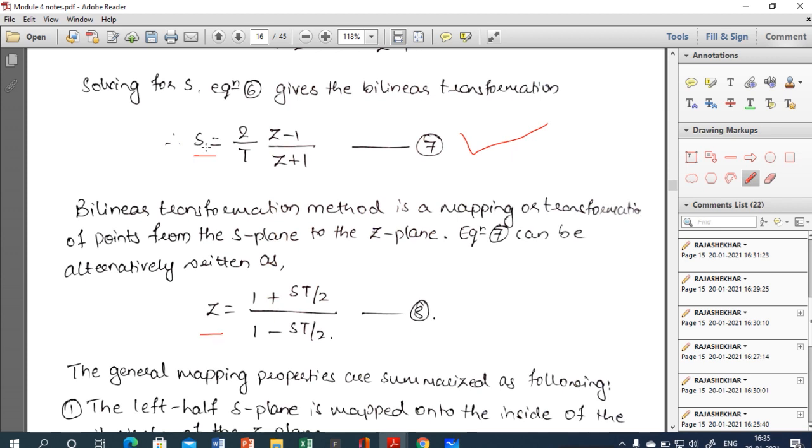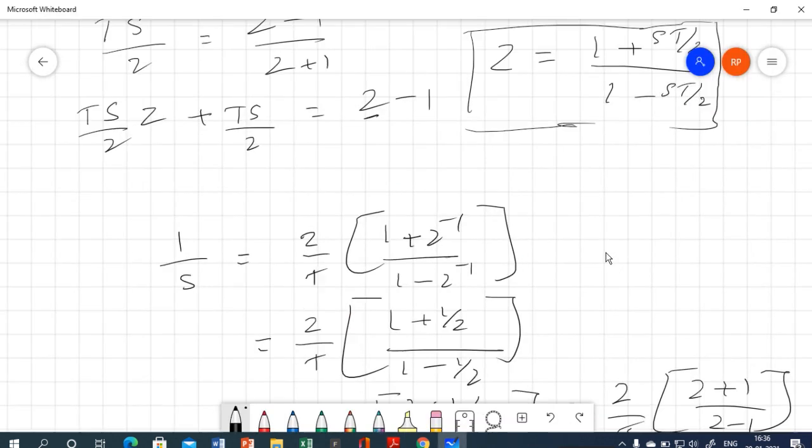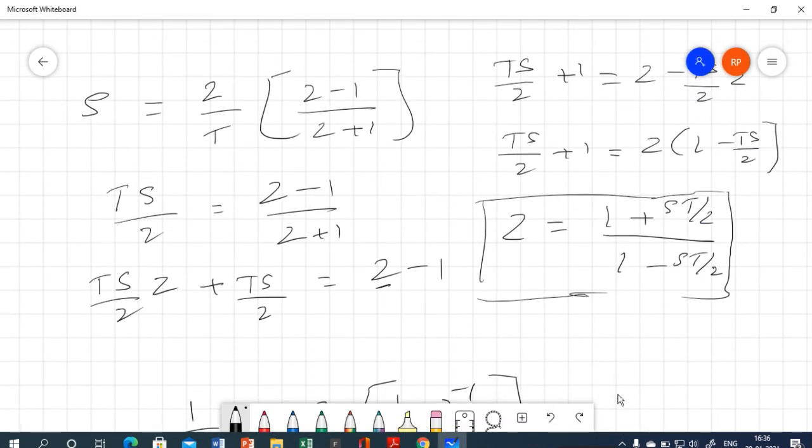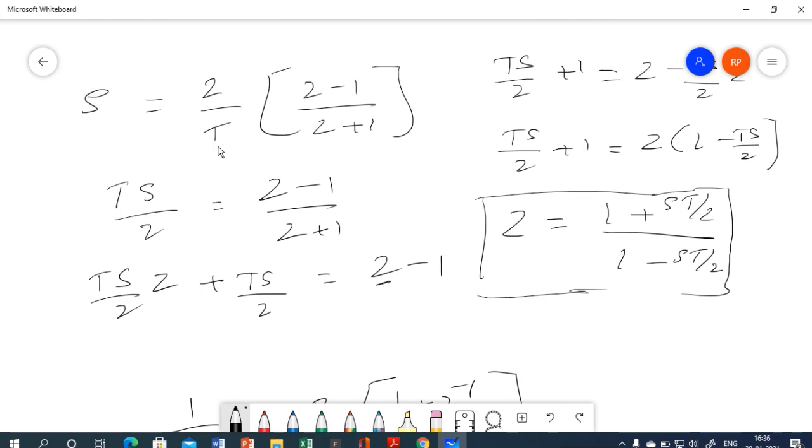S represents the analog plane, that is the s plane, and z represents the z plane, that is the digital plane. If I solve this, we will get z equals what I have shown here. Just go through that and you will understand. What I have written here first is s equals 2 by t, z minus 1 by z plus 1.